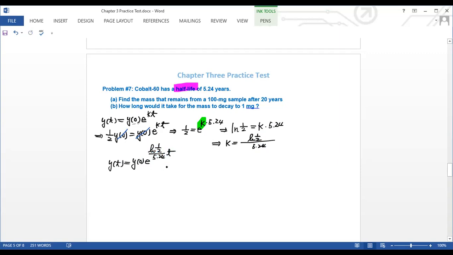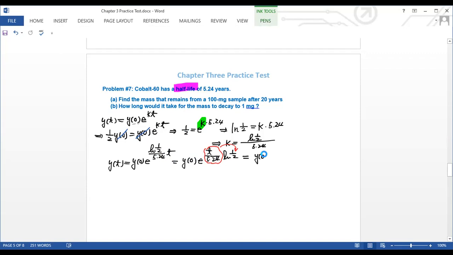Now I'm going to do a little algebra here. This is t over 5.24 times the natural log of 1/2. By the log function law, I can put this back into the exponent.